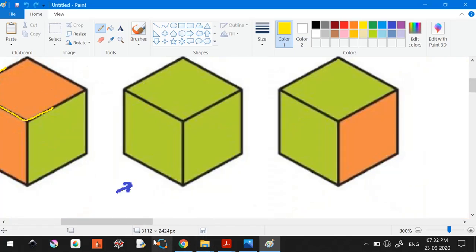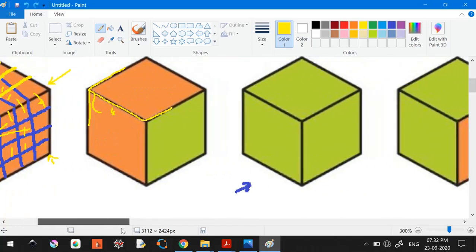So that's the notion. Something like this, this side and this side, right? Here you see one green and on this side one orange, so there is a possibility. But here we don't have a possibility.